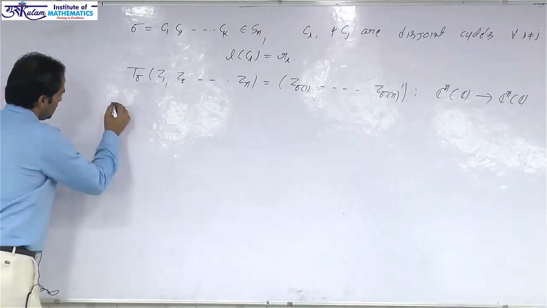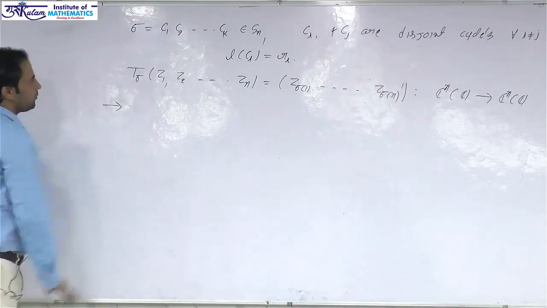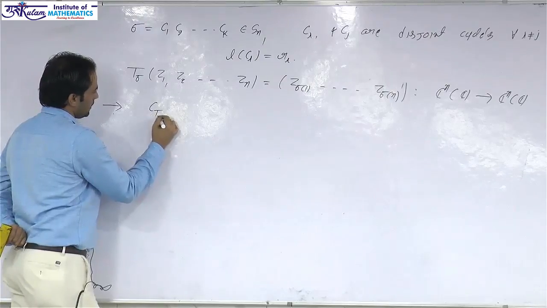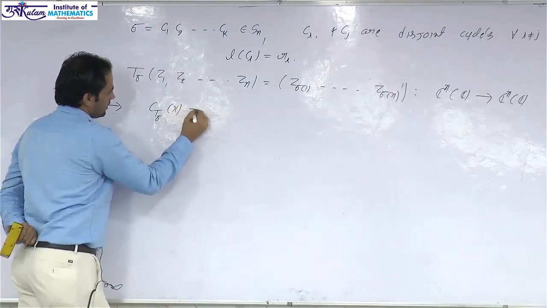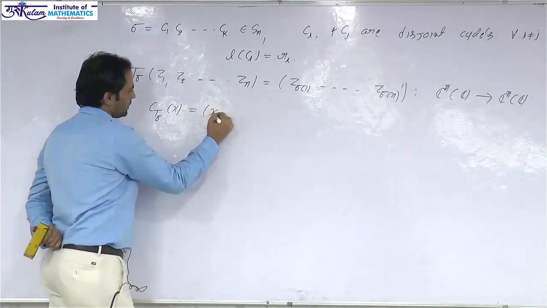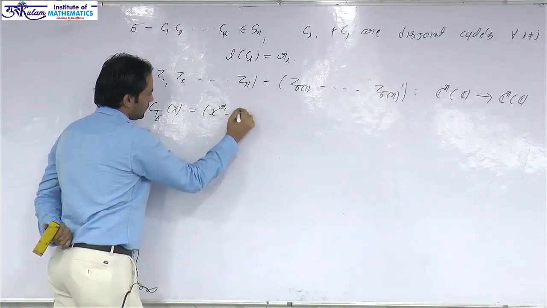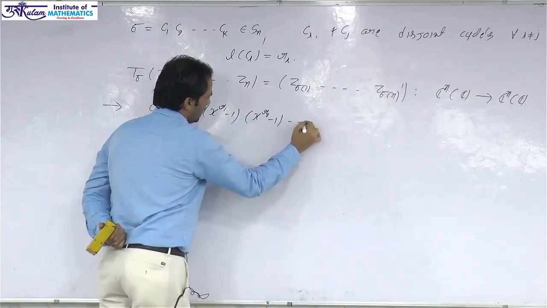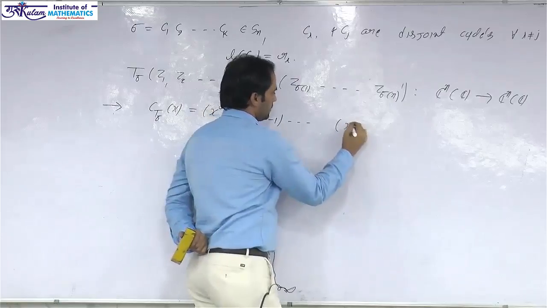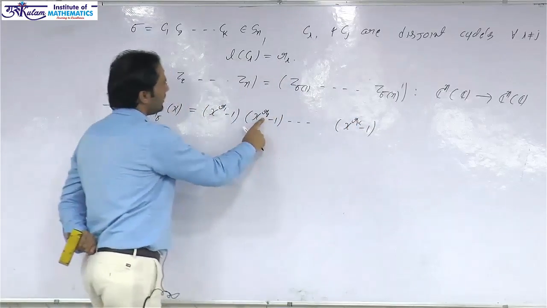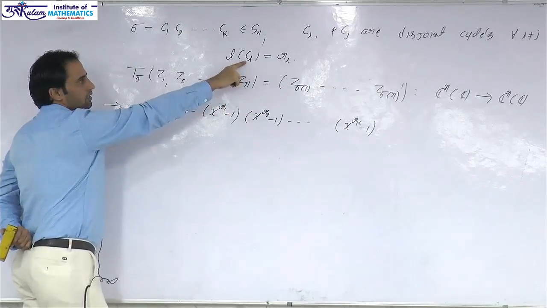So the first property is the characteristic polynomial of this T sigma, which is (x to the power r1 minus 1)(x to the power r2 minus 1) and so on (x to the power rk minus 1), where ri is the length of these disjoint cycles.